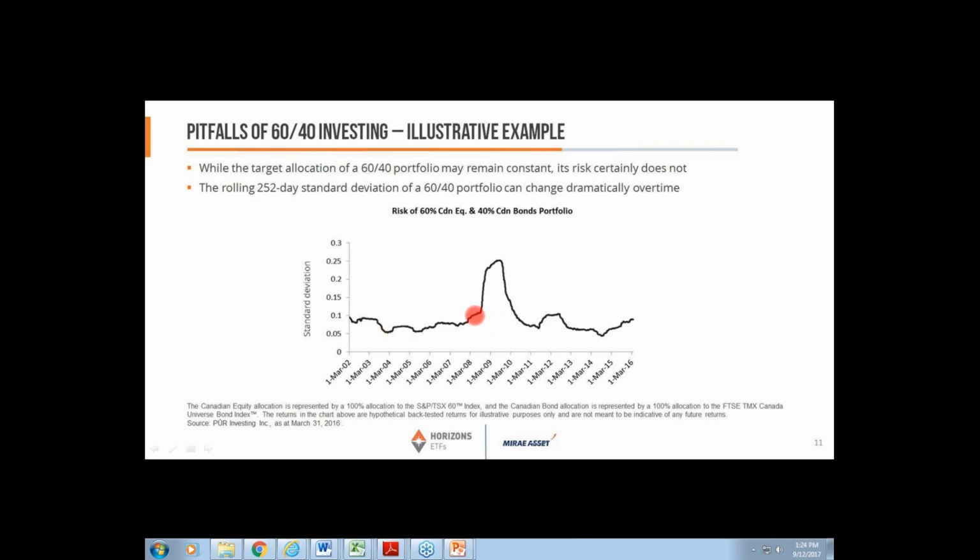Now if I'm an investor who's 8 or 9 years younger, and I find myself in the same situation 5 or 6 years later, not so great. This is the global financial crisis, and we can see that the standard deviation of this portfolio went off the charts. It went to 25%. A 25% standard deviation means you're probably losing about 40%.